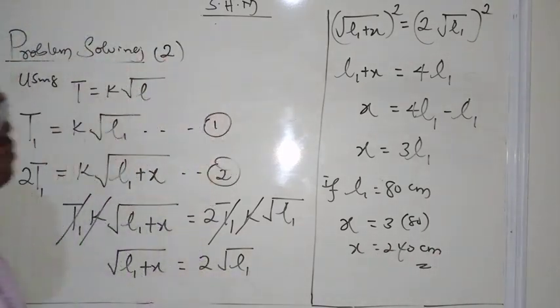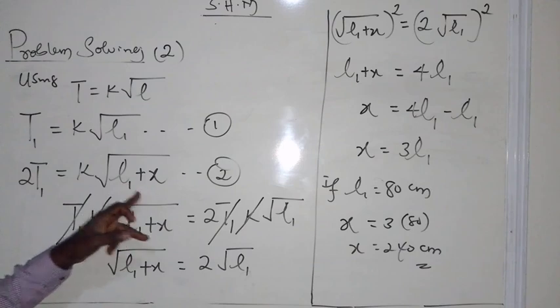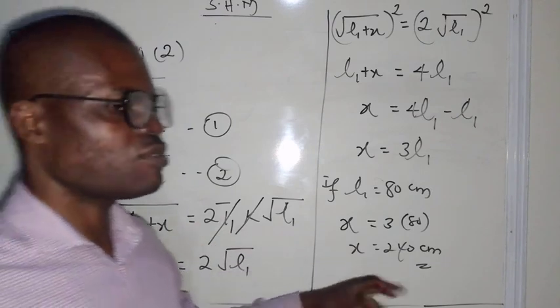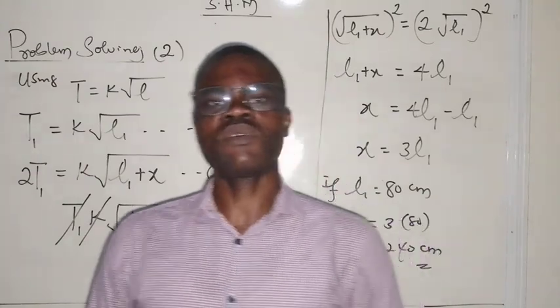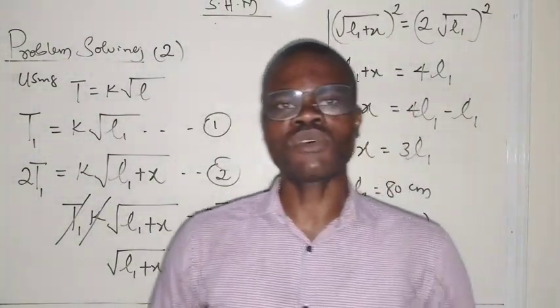So if L1 is 80 centimeter, x will be 240 centimeter. So the condition that can make the period of this simple pendulum double when its length is increased by x is by making x to be what? 240 cm.